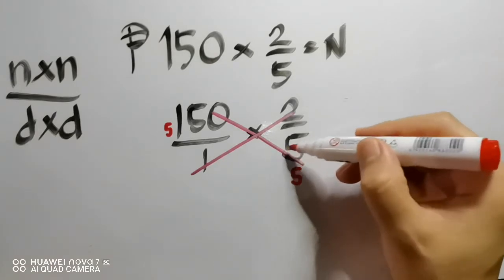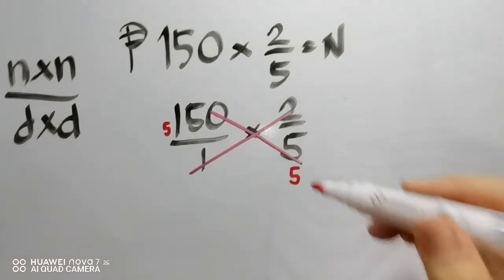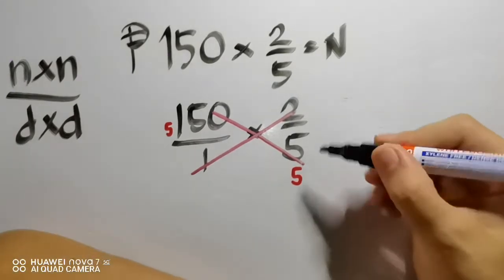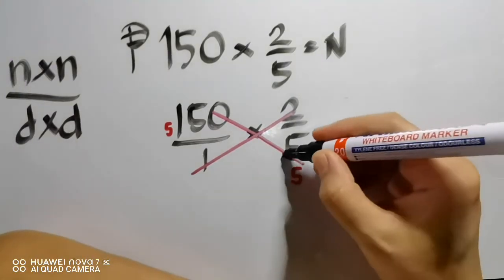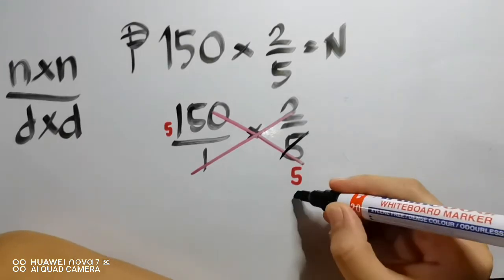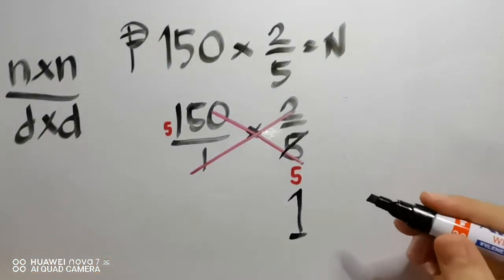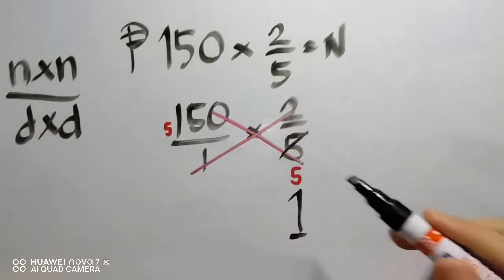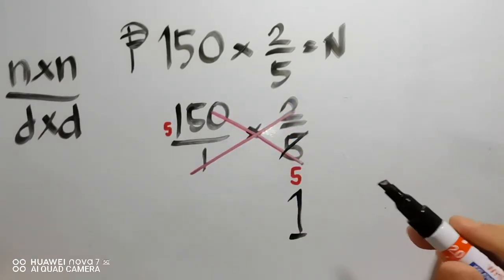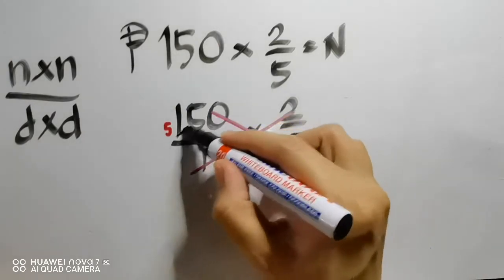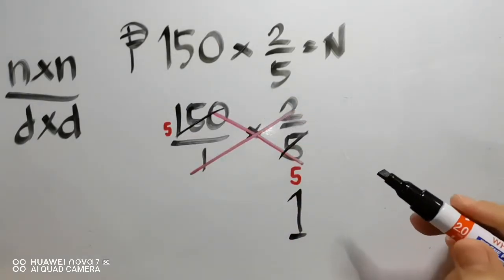So, etong 5 na to, hindi na siya 5. Instead of kanina na siya ay 5, cancel na yan. Siya na ay magiging 1. Okay? And then, 150 divided by 5, yan ay 30. So, yung 150 mo, hindi na yan 150.